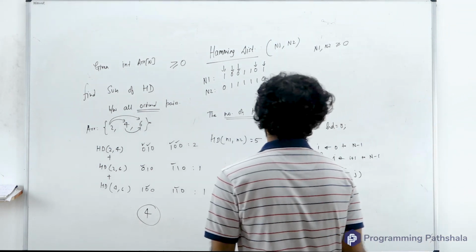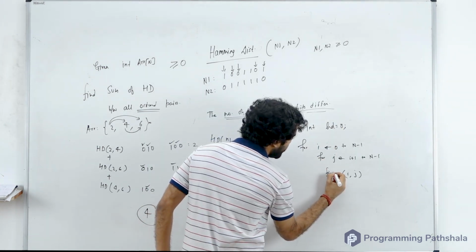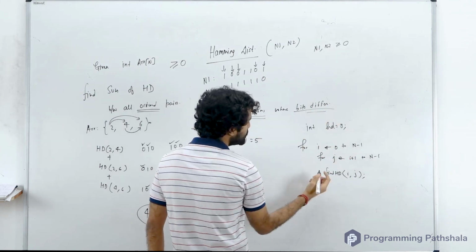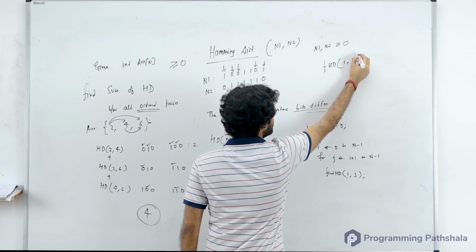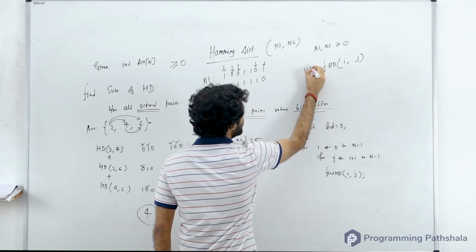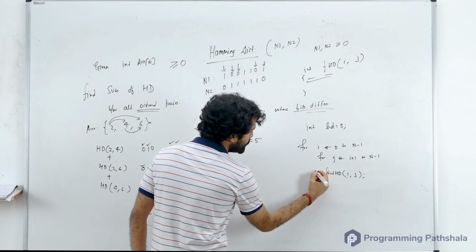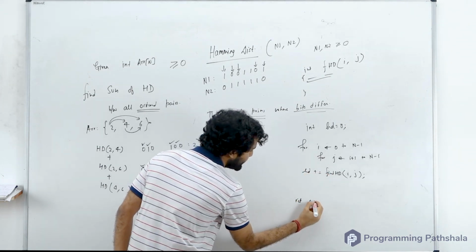So see, one simple way is that you can have a function called findHammingDistance. This function is written by you. It takes i and j, computes the Hamming distance between array i and array j, and returns that, and you add that value to your answer, and finally you return your answer.